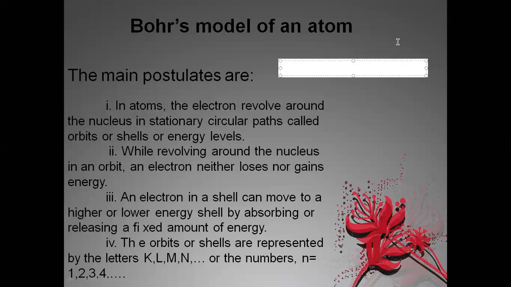When electrons move towards the nucleus, their energy decreases and becomes negative. So the nucleus's nearest shell is K, and this is called an energy level or energy shell.